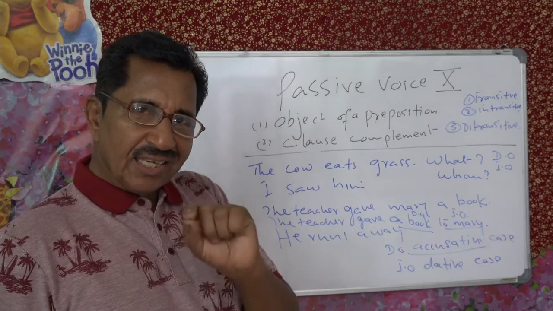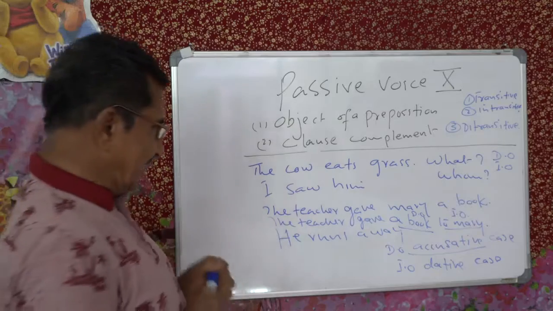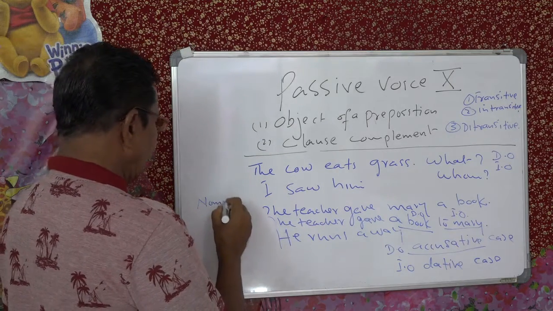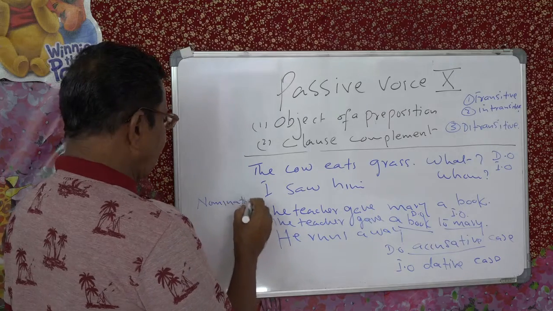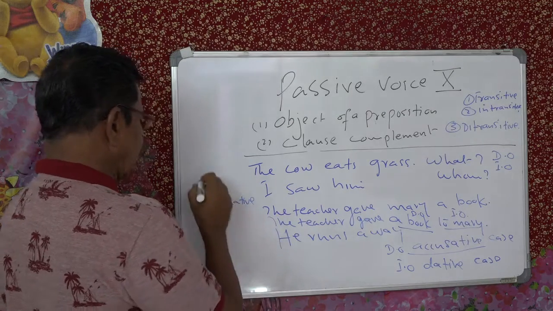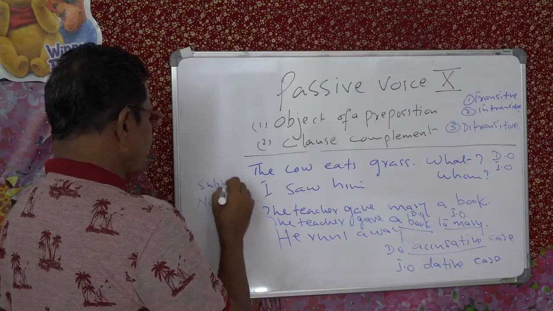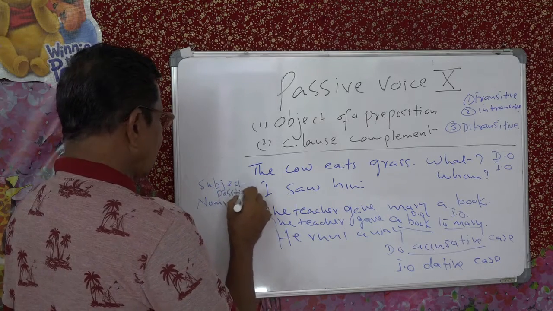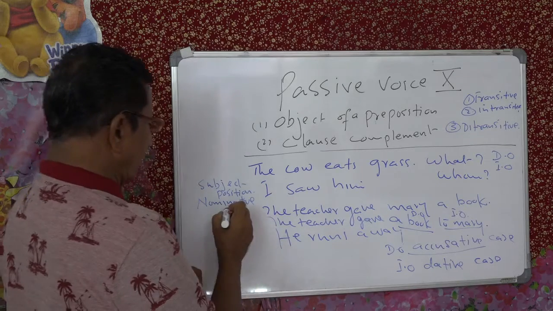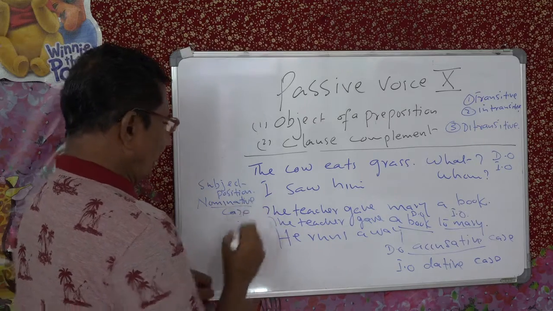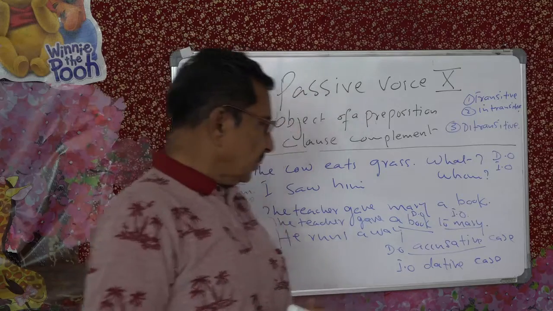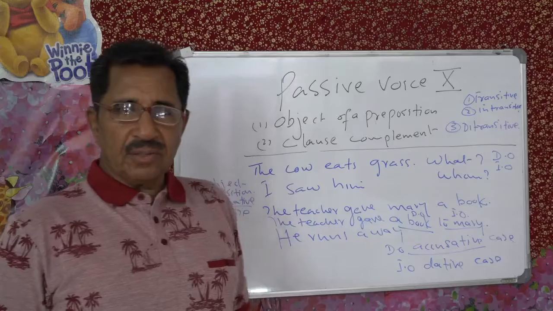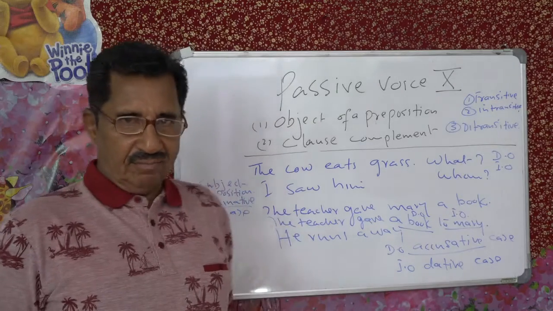Subject also has a name: nominative case. You want to learn this? Otherwise you can go on with your subject. Subject position is known as nominative case. Direct object position is known as accusative case. Indirect object position is known as dative case.